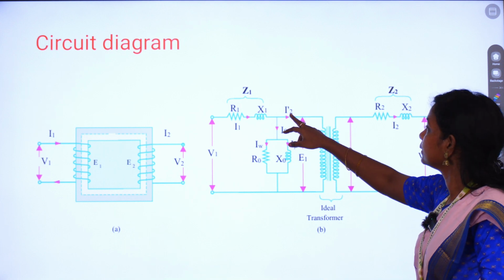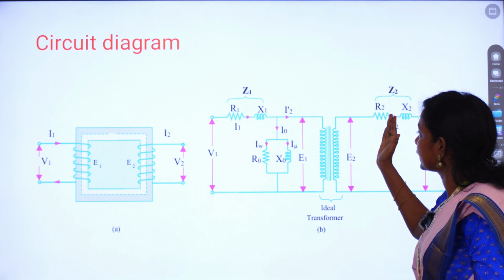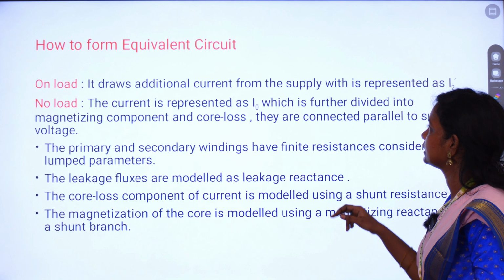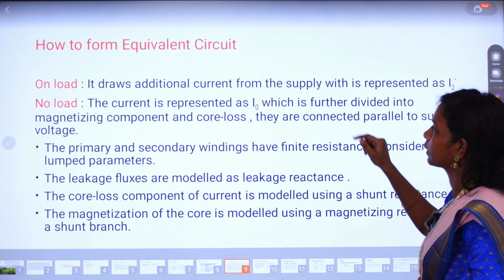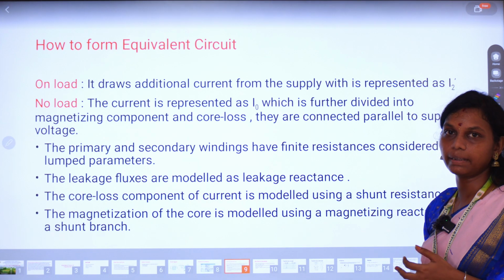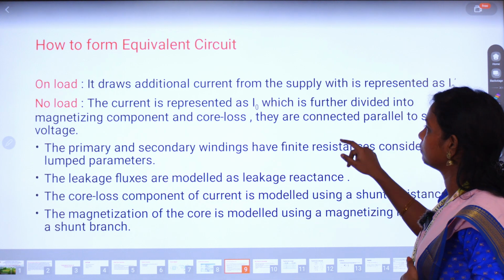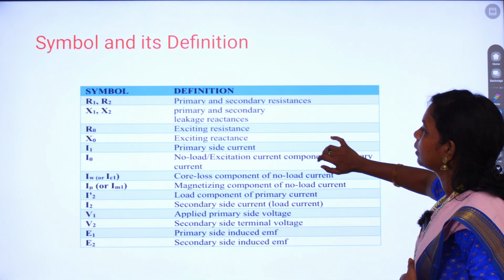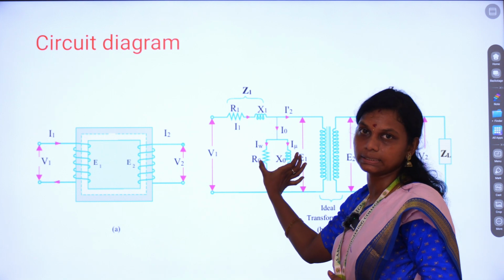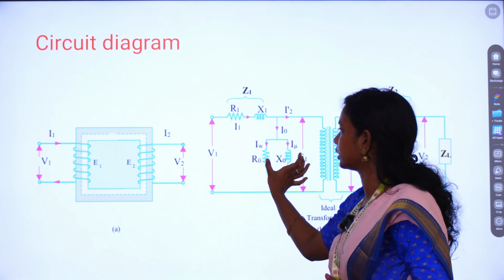As I said, this I2 dash is the secondary current referred to the primary, so it will be represented as I2. And what is I0? It is divided into the magnetizing current and the core loss current, both IW and Imu, which will be presented in parallel to the supply voltage.